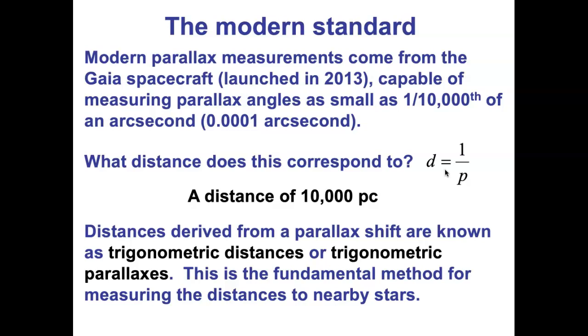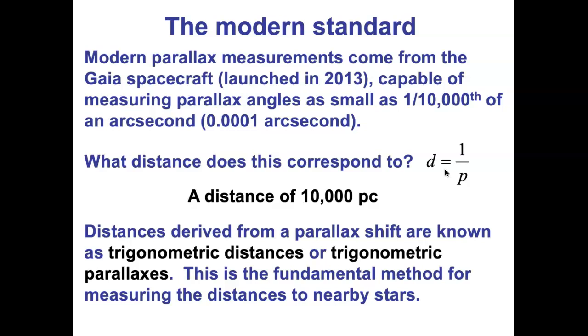They don't have a parallax that we can observe. And if we can't see the parallax, then we can't measure the distance to that star using parallax. So what do we do? We've got to invent some other tool to do it. And that's why this is one of the recurring themes we're going to be hitting on all semester long: how do we measure the distance to those objects?